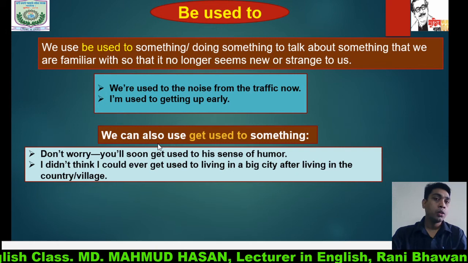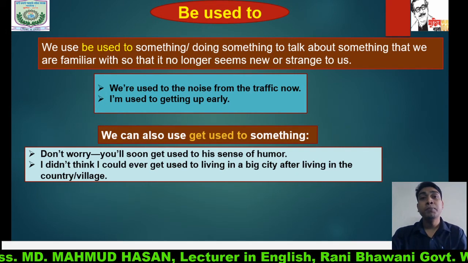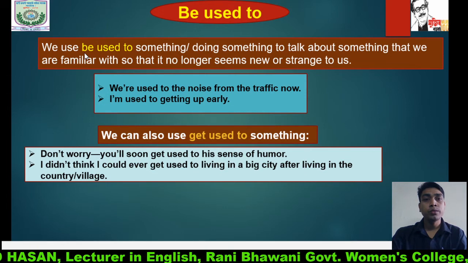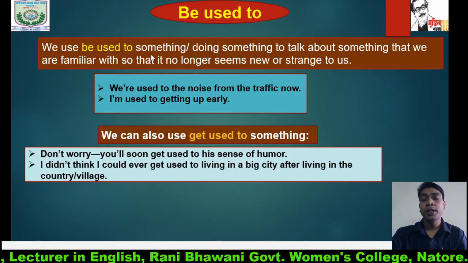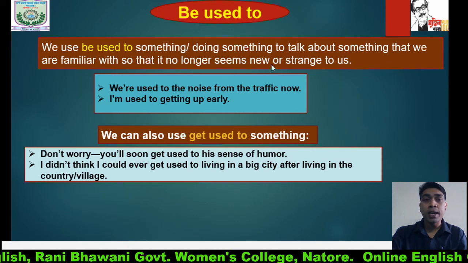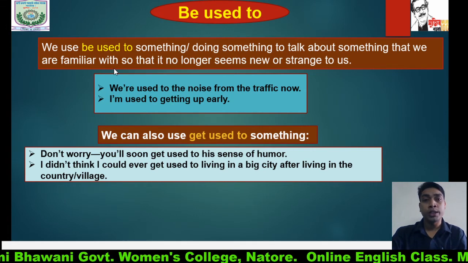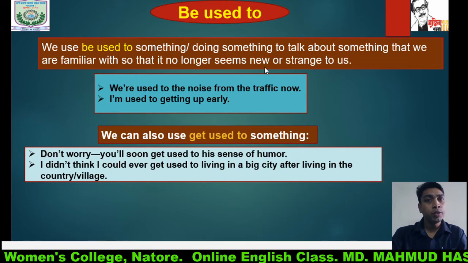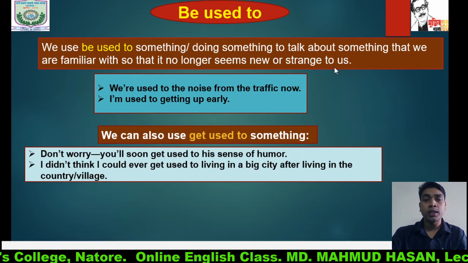Now, we will discuss be used to. We use be used to something, or doing something, to talk about something that we are familiar with, so that it no longer seems new or strange to us.